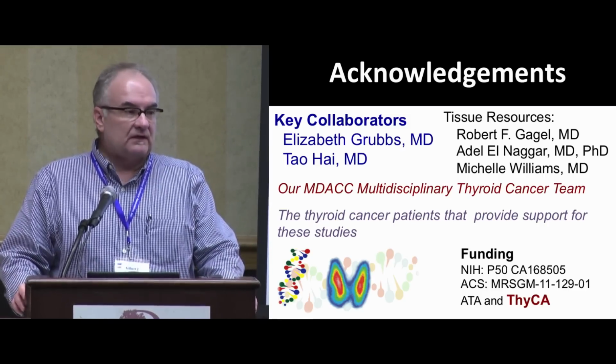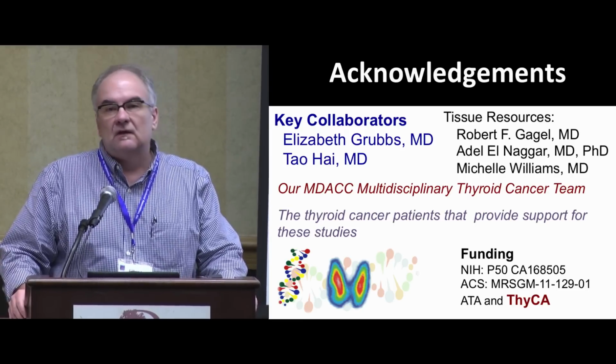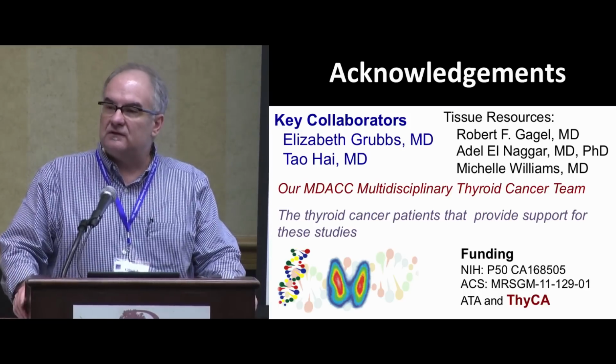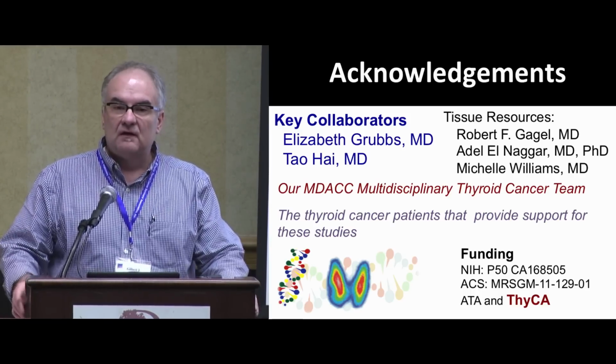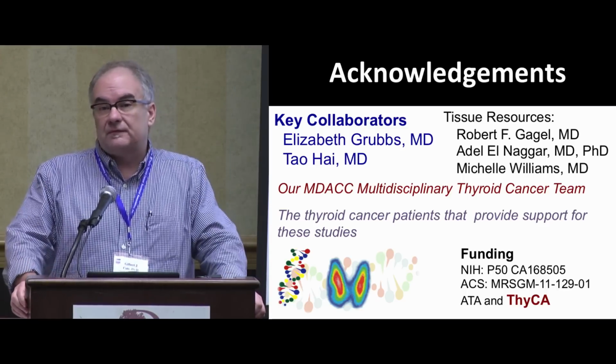Hopefully studies looking at the immune checkpoint pathways will allow us to figure out if medullary is one of these cancers that will benefit from boosting the immune system at these times. We just don't know.